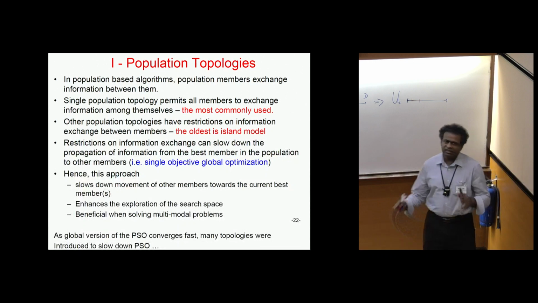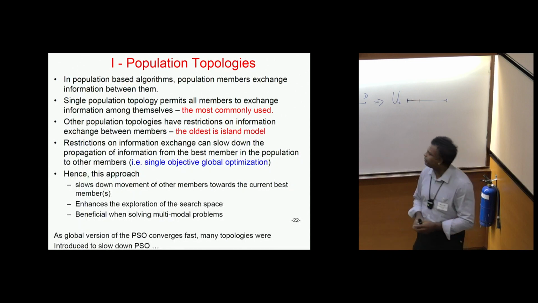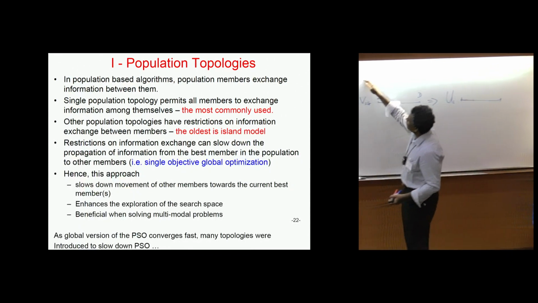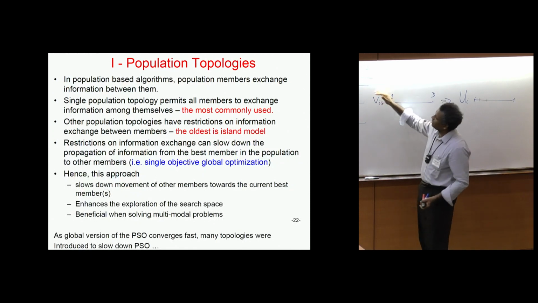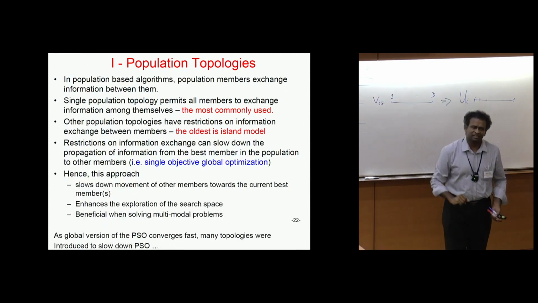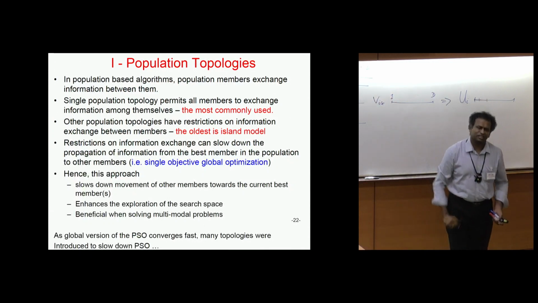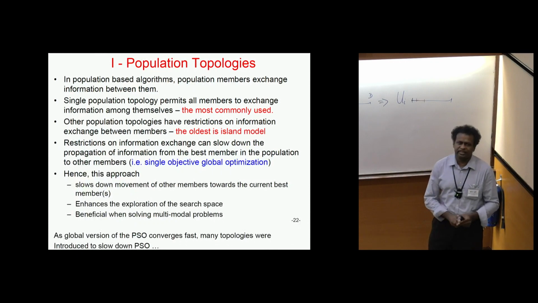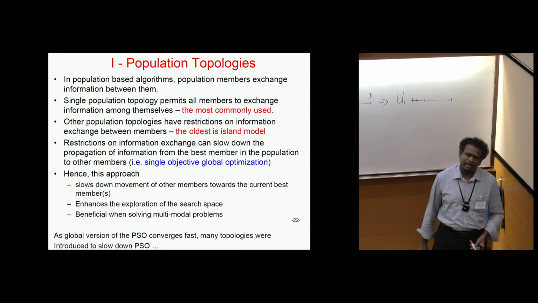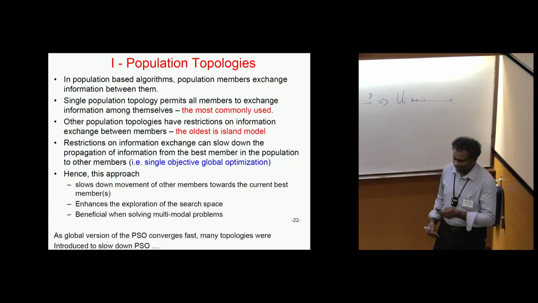Initially, the evolutionary algorithm used only a single population. That means when you use a single population, we allow all these members to interact. You can do the mutation taking any one of them randomly. There is no restriction. You can pick any 2 or 3 members and perform the mutation operation. But when you introduce the topology, we try to restrict which members can interact with which members to generate offsprings. Why is this useful?